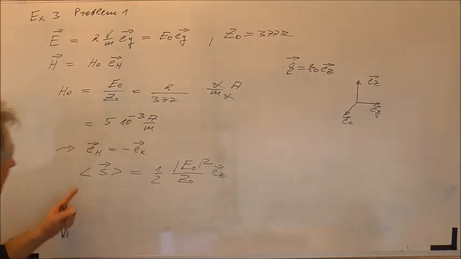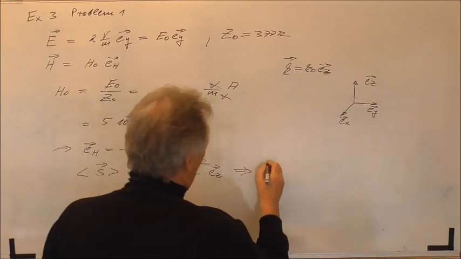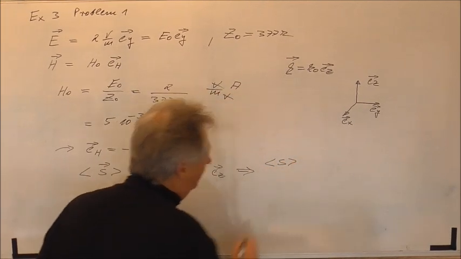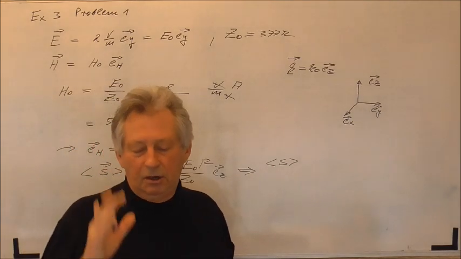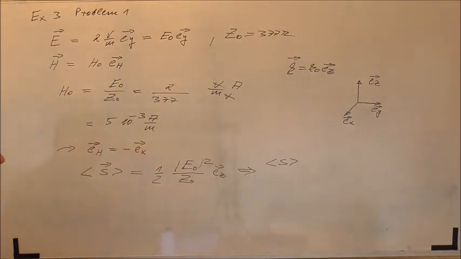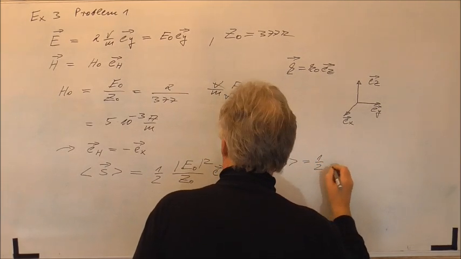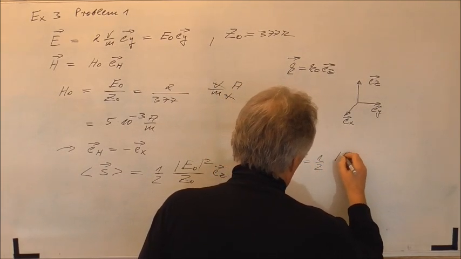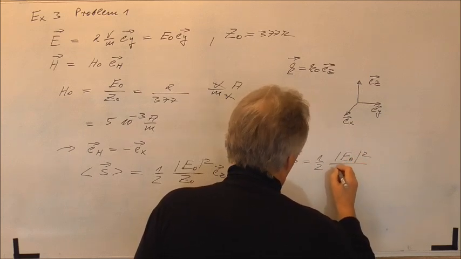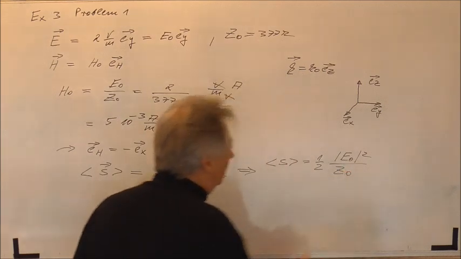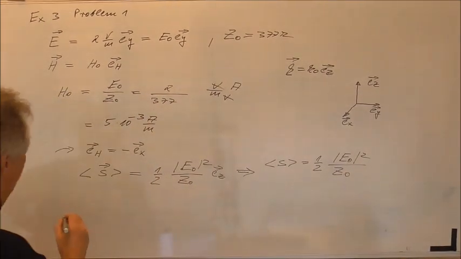But if I'm only interested in its absolute value, then the time average pointing vector, which describes the power density carried by our plane wave, can be calculated by 1/2 E naught absolute value squared divided by Z naught.